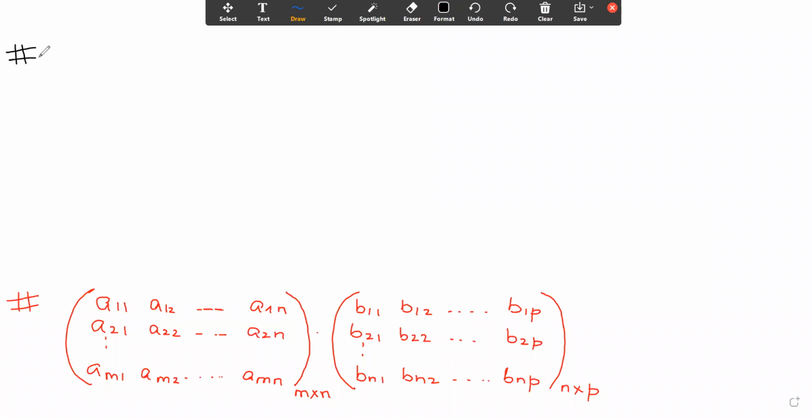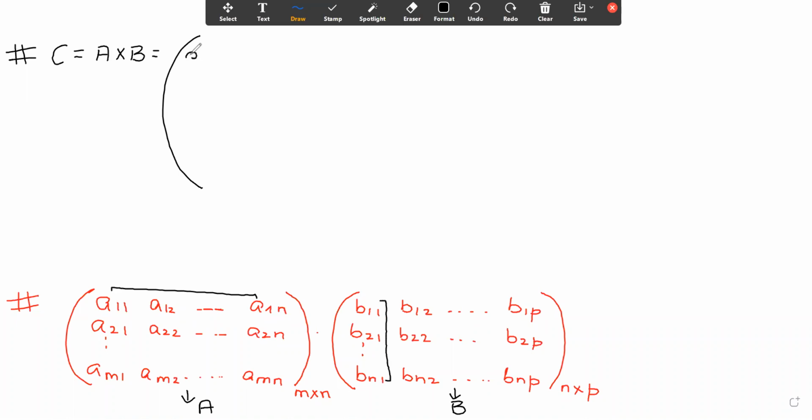So what will I get? So this is my matrix A. This is my matrix B, and my matrix C, which is A into B, will be what? First row multiplied by the first column.